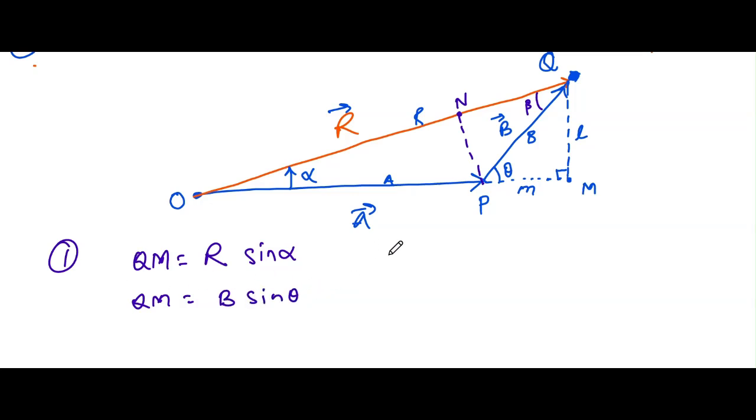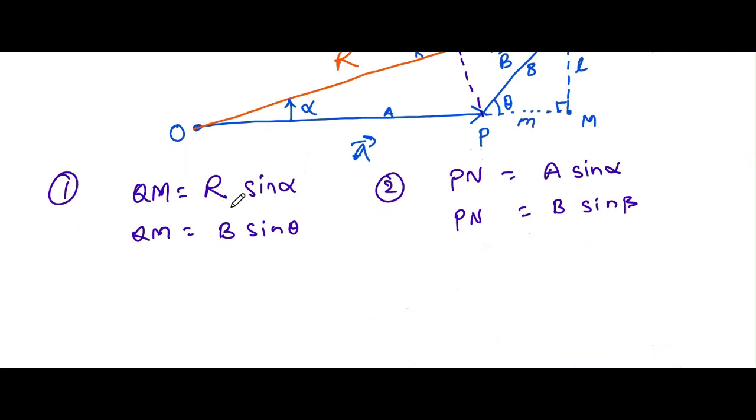Second, in triangle OPN, we have PN equals A sine alpha. And in triangle QPN, we have PN equals B sine beta.